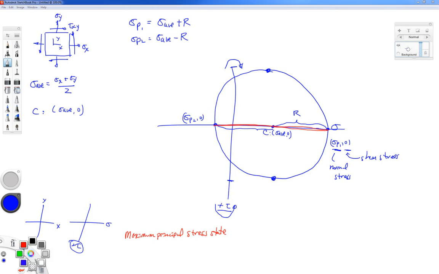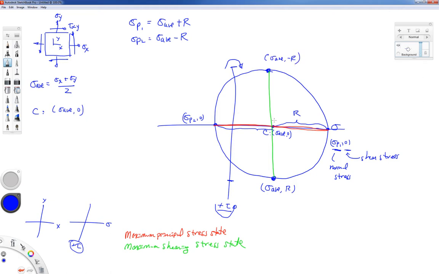Let me put this in green. So this diameter represents the maximum shearing stress state. And the coordinate of the point down on the bottom is sigma average, comma r, and up here on the top, that's sigma average, comma minus r.